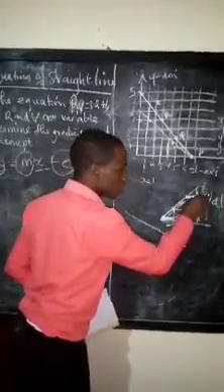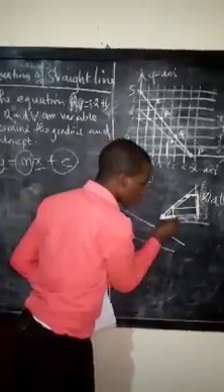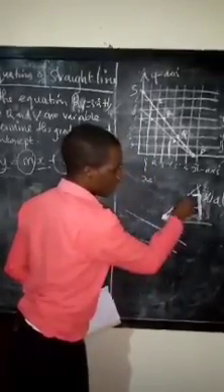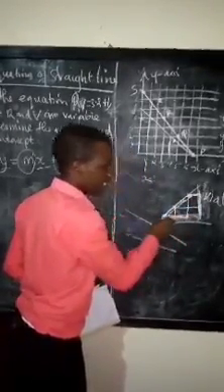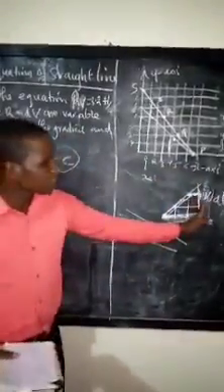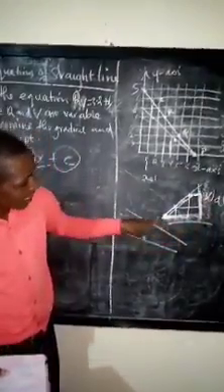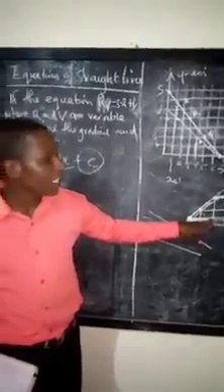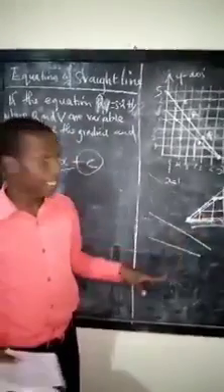When you are at this point, the horizontal distance has changed and the vertical distance has changed. So the change of the vertical distance as a result of change in the x distance, or the horizontal distance, is what we call gradient.